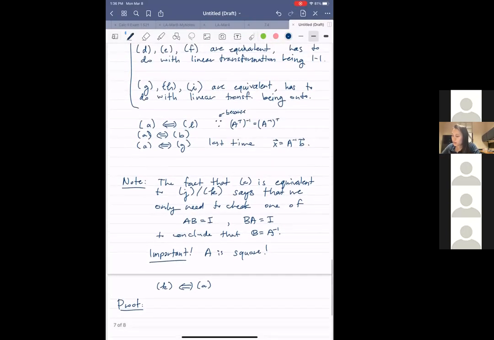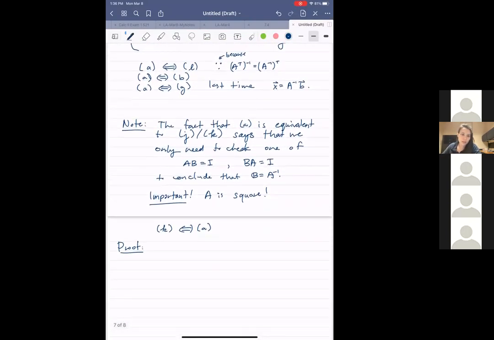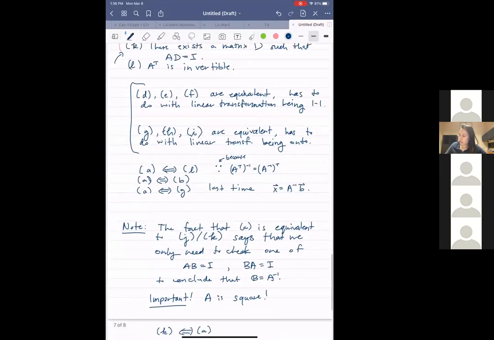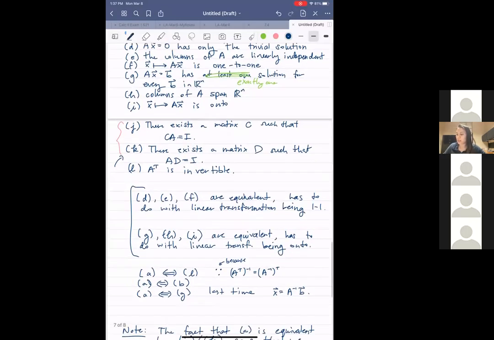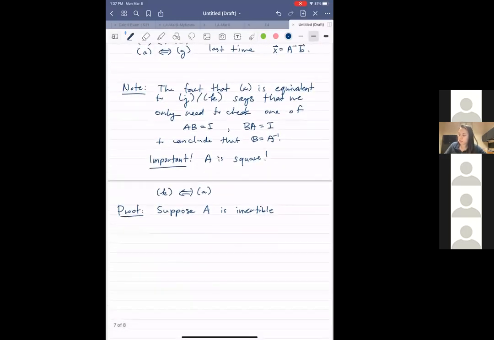Okay, so what we want to do is first suppose, remember this is an if and only if statement, so we'll suppose that A is invertible, and we want to show that there exists a matrix D such that A times D equals I. But that basically comes from the fact that A times A inverse equals I, right?